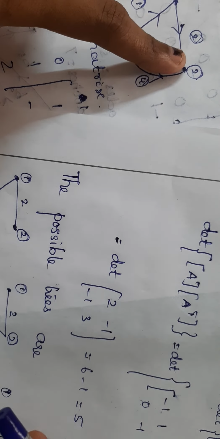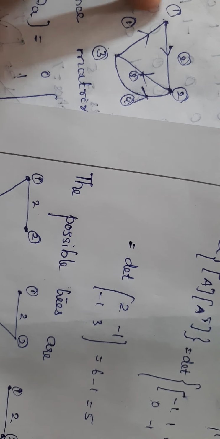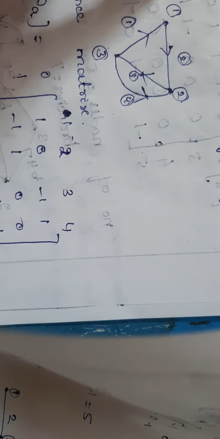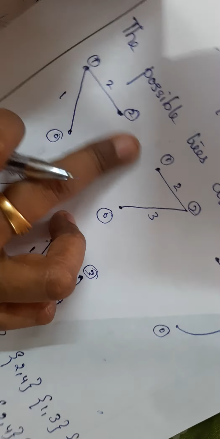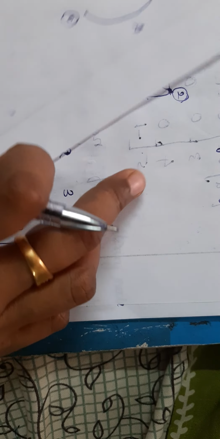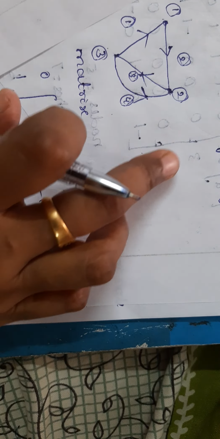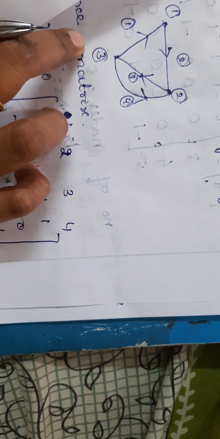So from this graph you can form 5 trees. The tree should not have a closed path. So first tree is this, that is 1 2 3. First possible tree is 1 2 with 0, the reference node. And next one is 1 2 in the shape like 1 2 0. And next possible is 1 2 and this fourth branch.